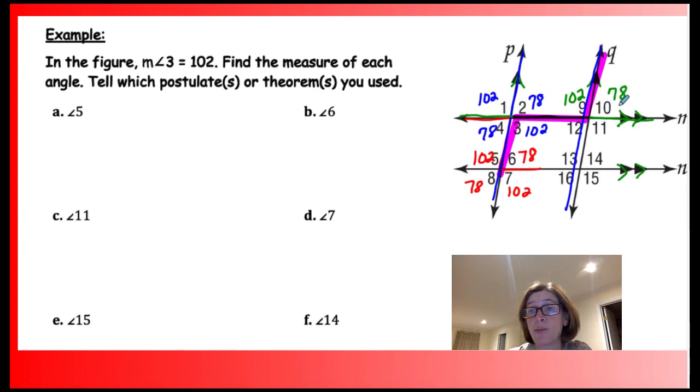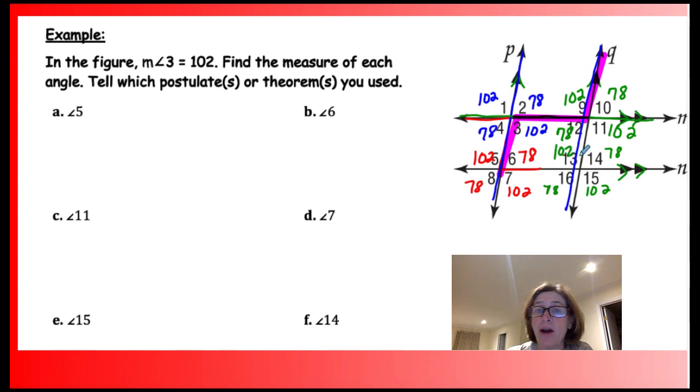You might have seen that as well. And that, again, helps me find all of the angles over here. And then I can see that P and Q have the exact same relationships. 5, 6, 7, and 8 have the exact same relationships as 13, 14, 16, and 15. So 78, 102, 78, and 102.